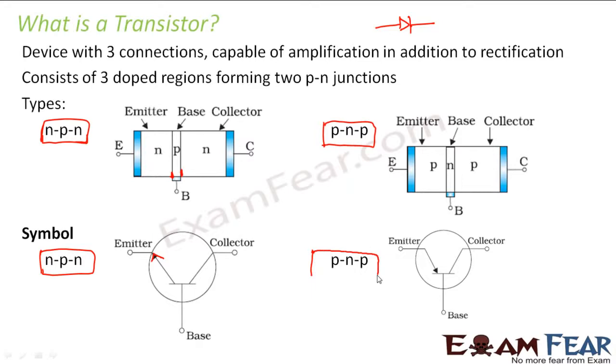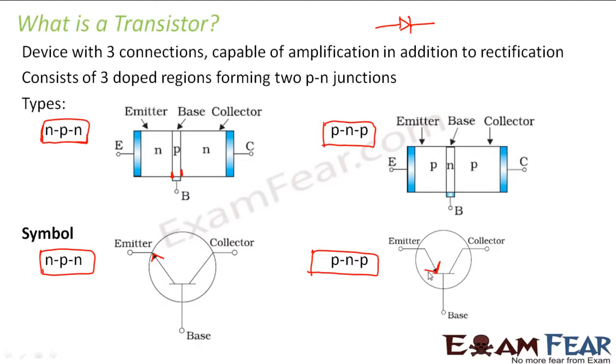In PNP, if you see, the symbol remains the same, just that the arrow sign changes because the direction of conventional current changes. Now why is the arrow inwards in case of PNP and outward in case of NPN? That you will understand once I teach you about the working of a transistor. So for now, just look at the symbol. Whenever it is NPN, the arrow will be towards the emitter. Whenever it is PNP, it will be towards the base.